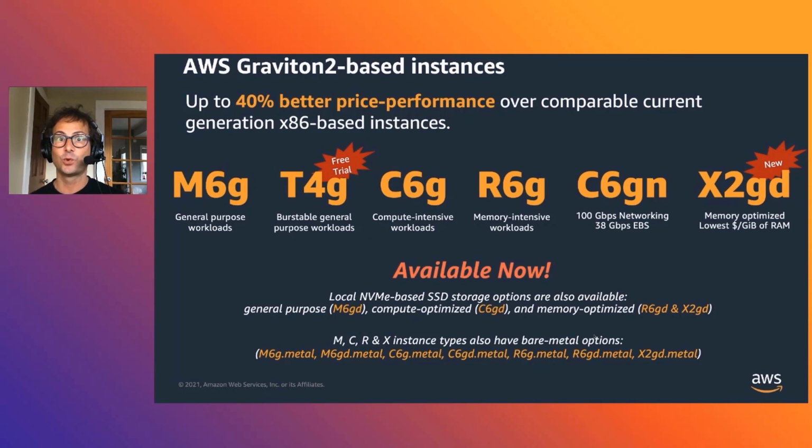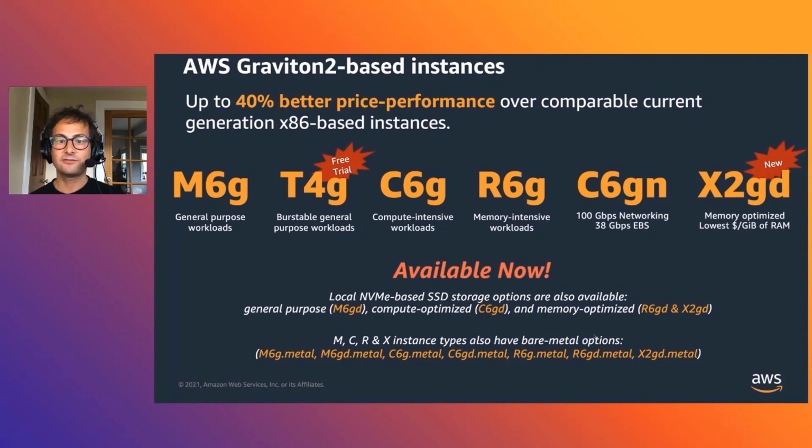You have up to 100 gigabits of network bandwidth on the C6GN, which makes it a really good vehicle for any super network demanding workload, like anything doing packet processing or tightly coupled HPC workloads, given that it also supports our EFA interconnect.